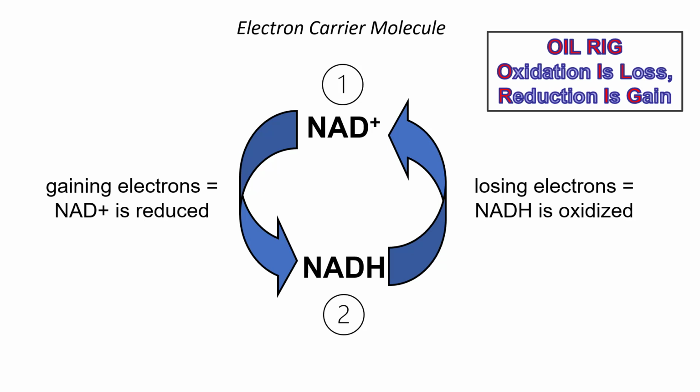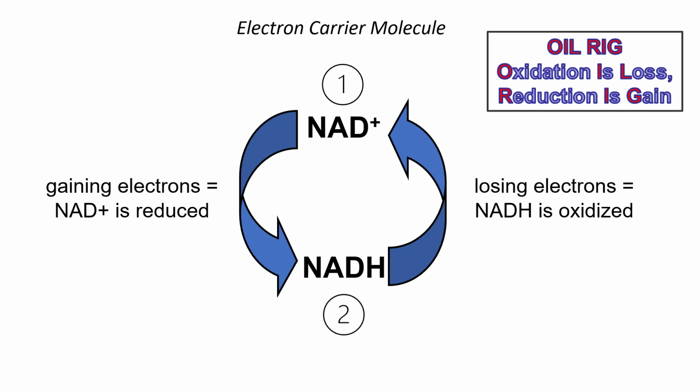Now, at the final stage of cellular respiration, NADH loses those electrons. It gives them up to the electron transport chain. So NADH now becomes oxidized back to NAD+. NAD+ is the oxidized form. It doesn't have the electrons. NADH is the reduced form because it's picked up those extra electrons.